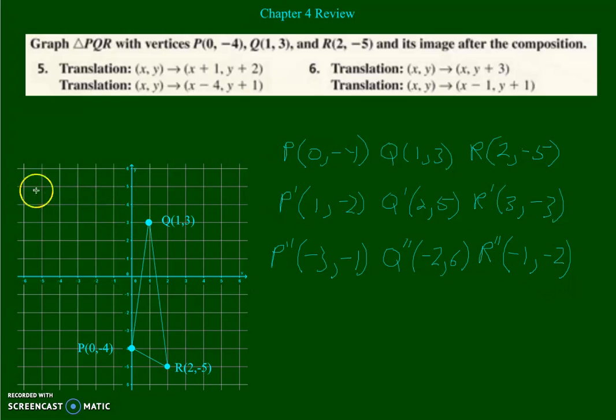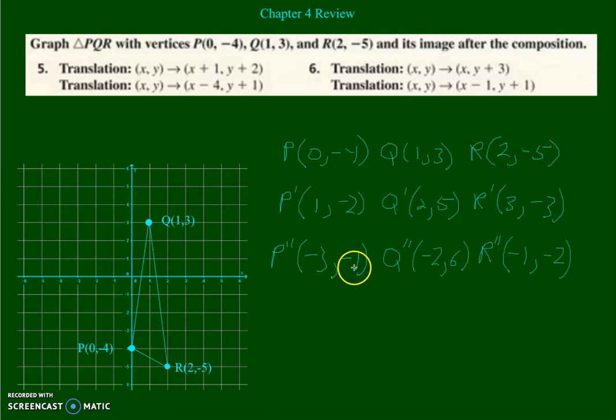So now we go ahead and plot those points. It just wanted the original preimage, which is P, Q, and R, which are here, and the final image, which is going to be our P double prime. So we're just going to plot our P double prime here.